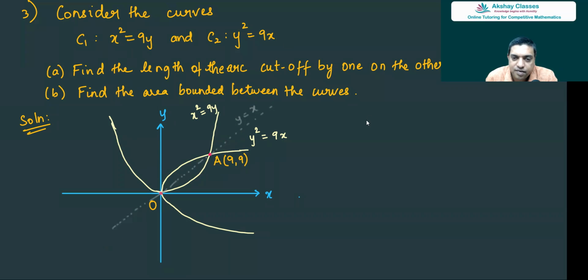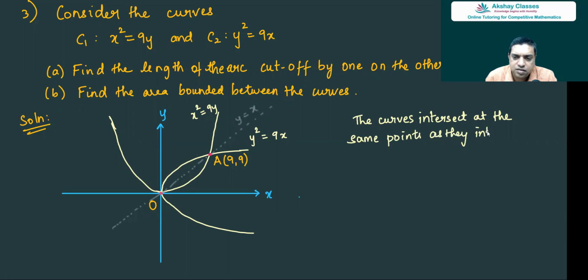That is where they intersect. Simple. So the curves intersect at the same points as they intersect with y equal to x.